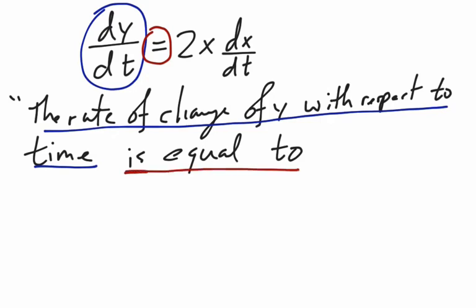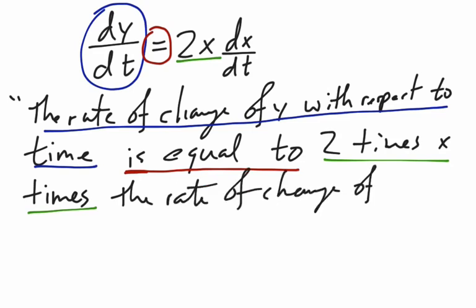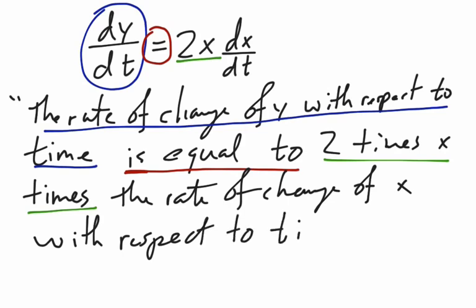And then, 2 times x times, that's this part, and then the rate of change of x with respect to time.